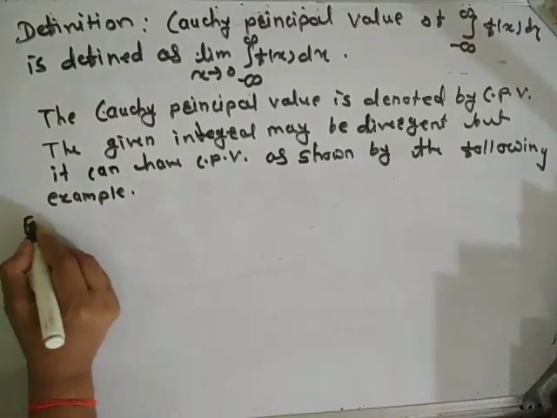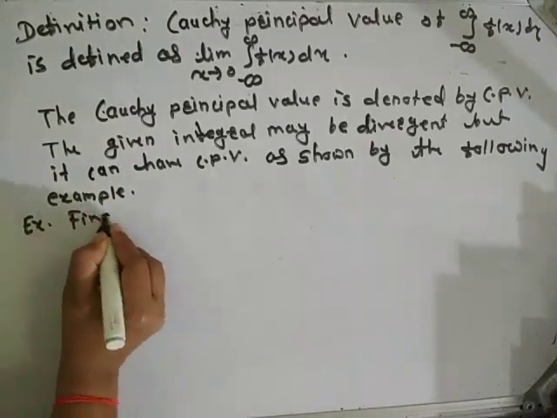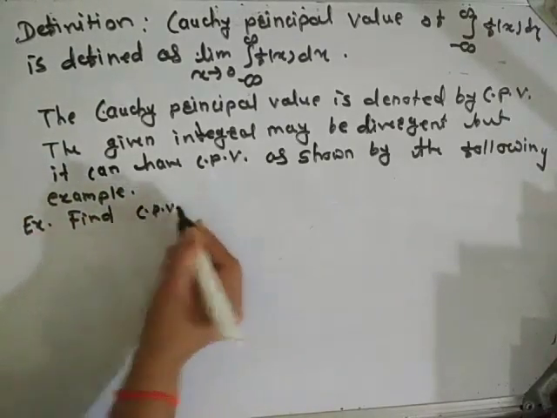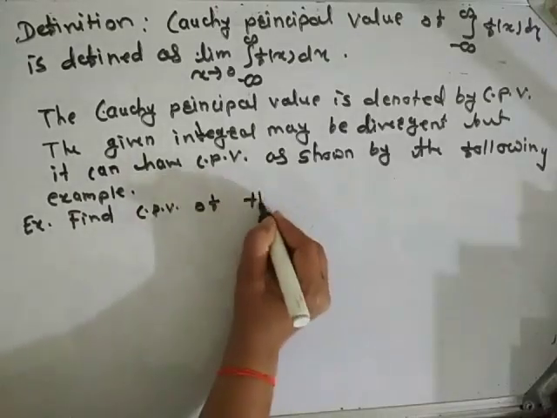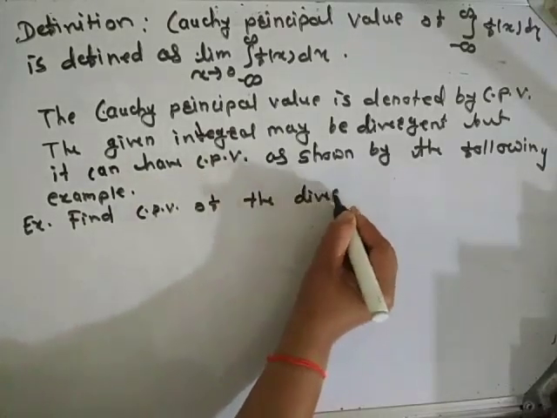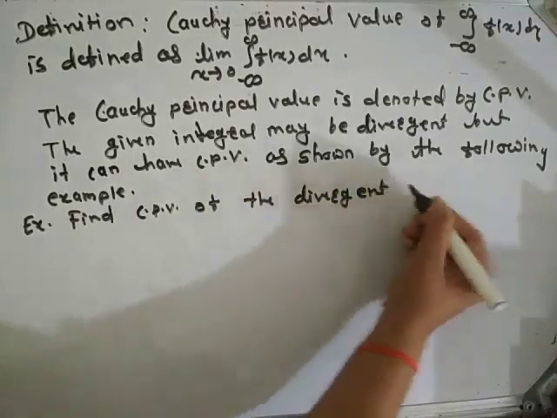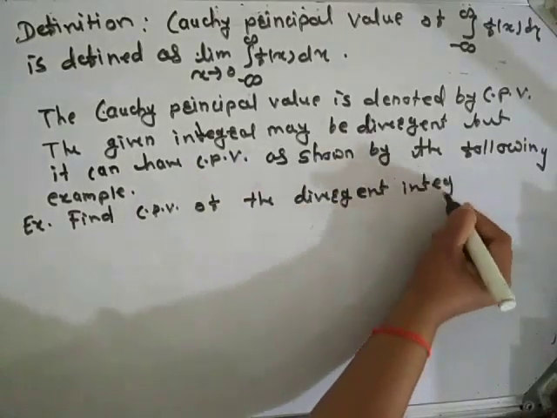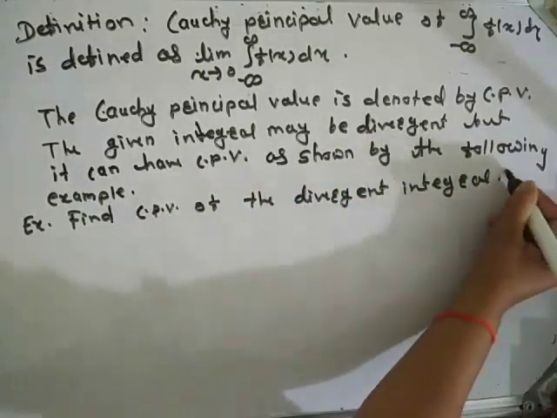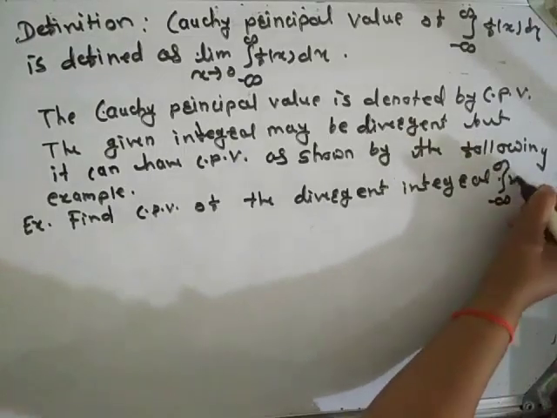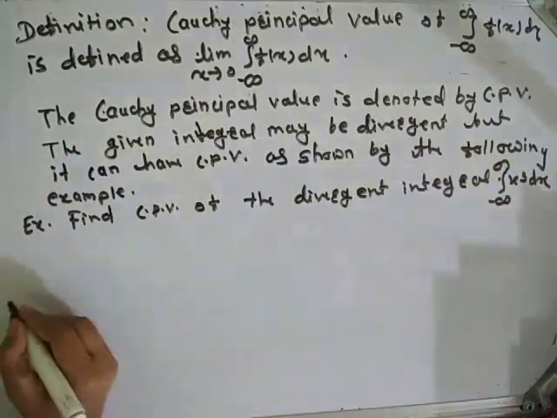Example: find CPV of the divergent integral integration from minus infinity to infinity x cube dx.